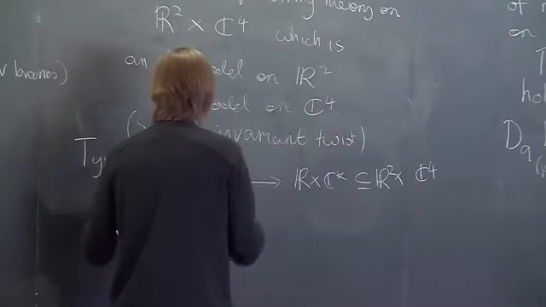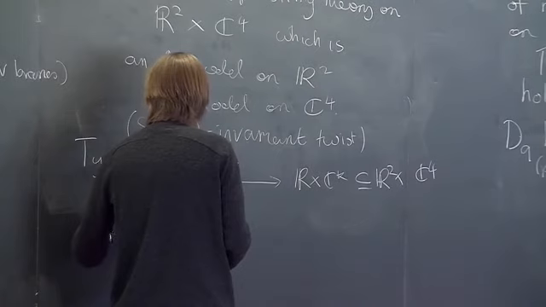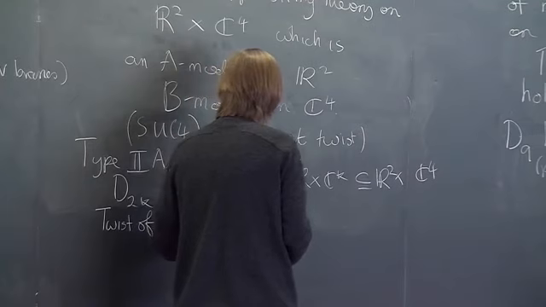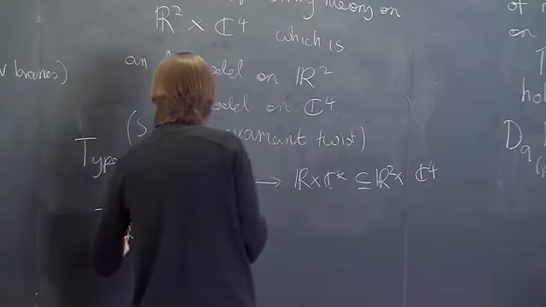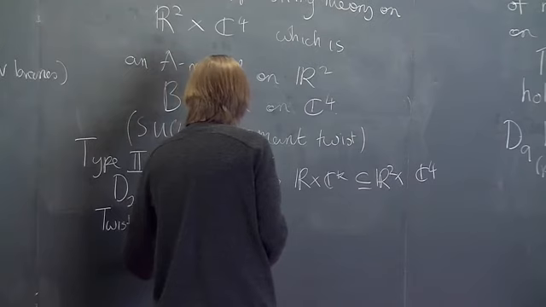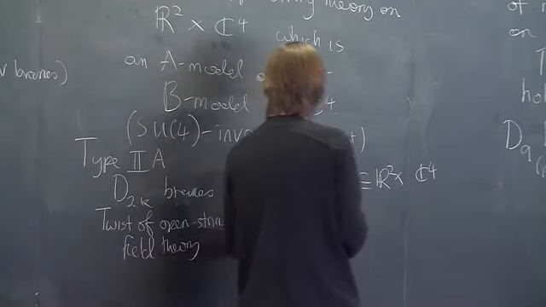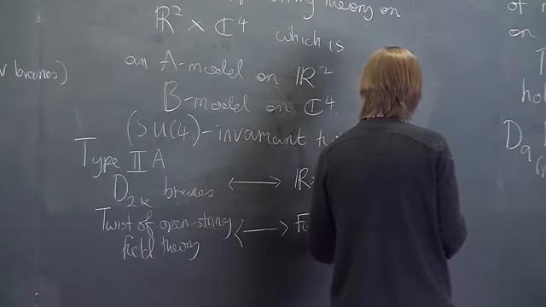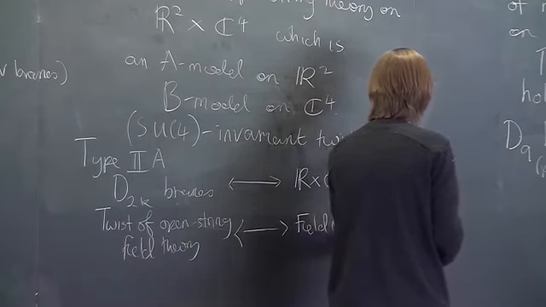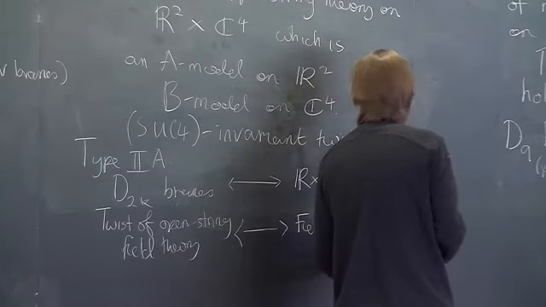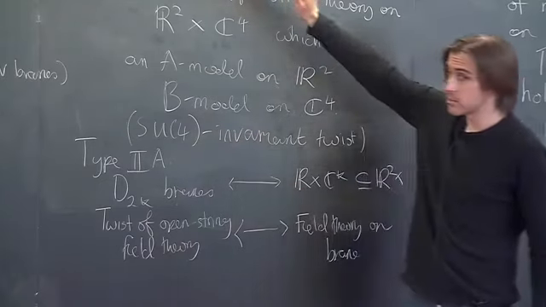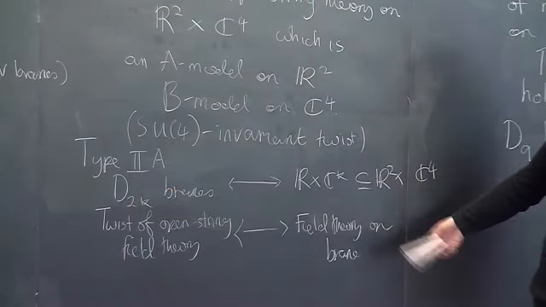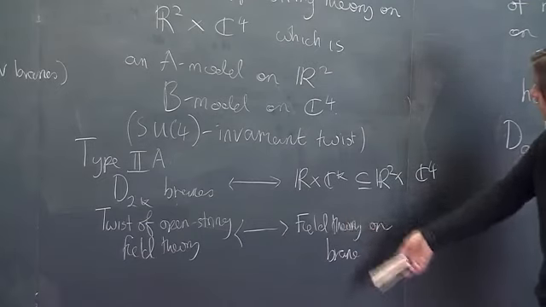And we expect, in the same way, that the twist of the open string field theory, which comes from the supersymmetry we've chosen of the theory on the brane and the physical string, becomes the field theory on the brane of the topological string.